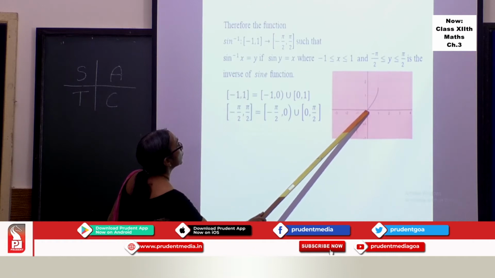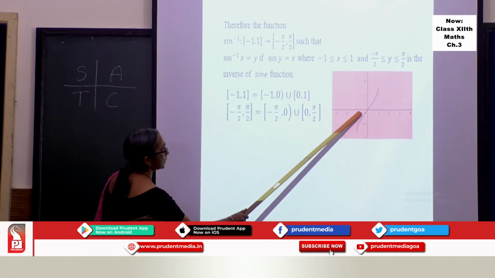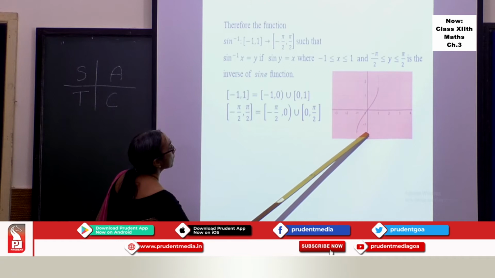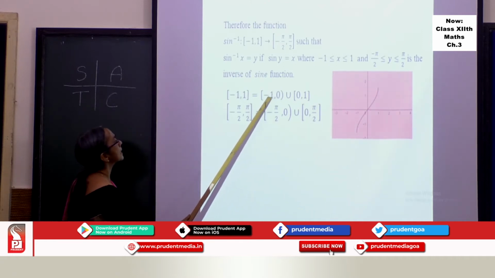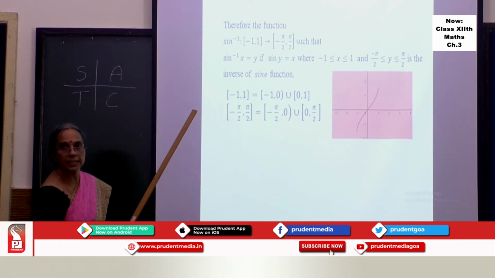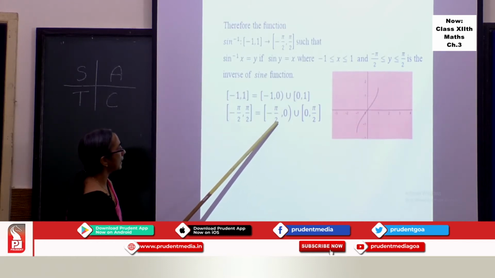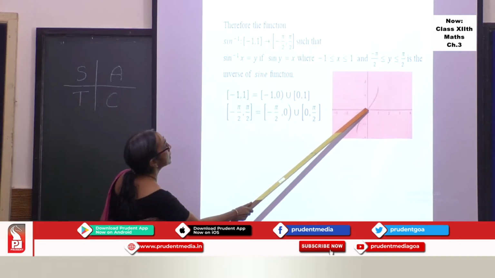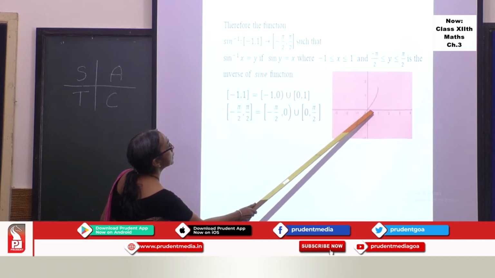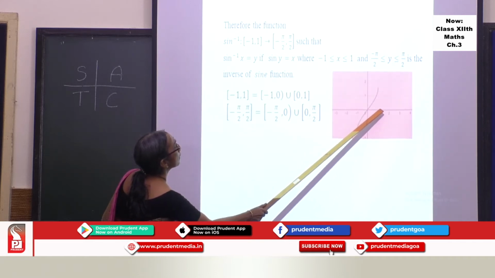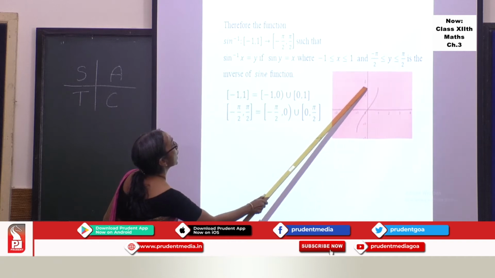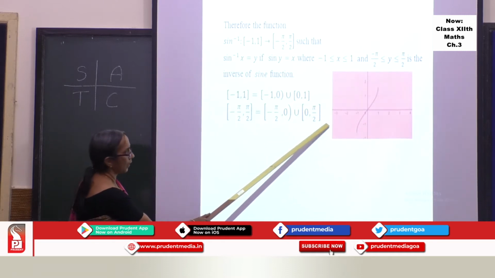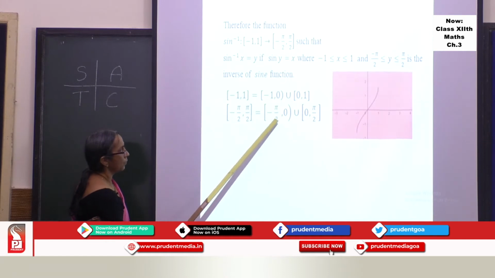When x is between minus 1 and 0, y is between minus pi by 2 and 0. Similarly, when x is between 0 and 1, y is between 0 and plus pi by 2. When x is in this set, y is in this set.